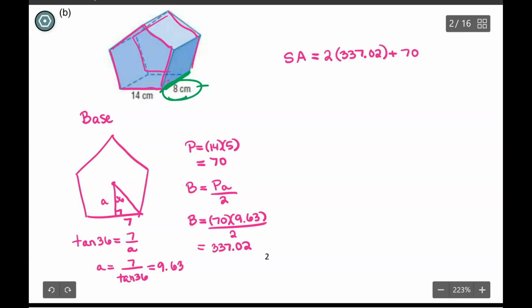So that has to be our height. Okay, take a minute, plug that into your calculator. And I get 1,234.04. Our units are centimeters, so square centimeters.